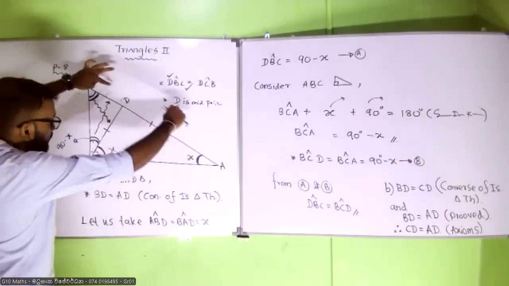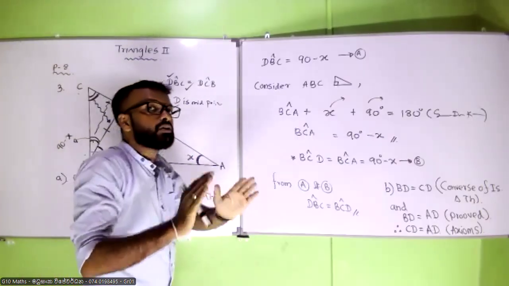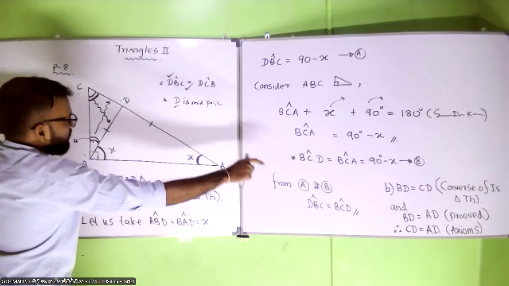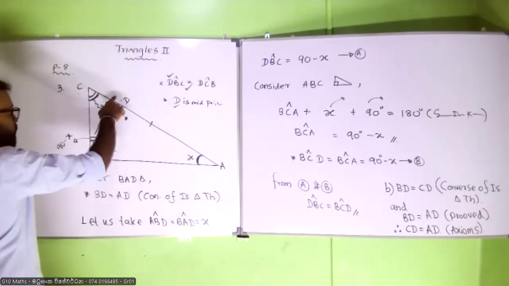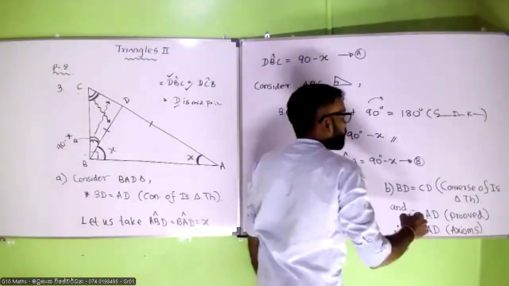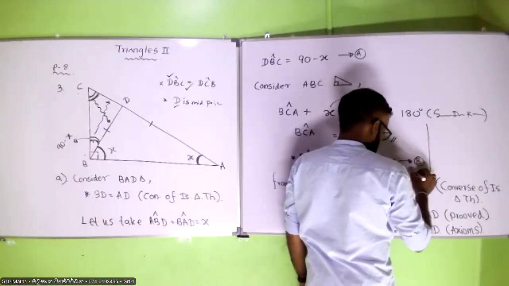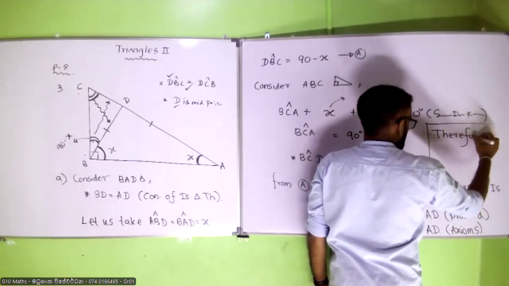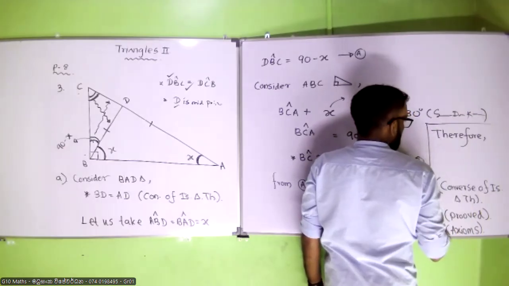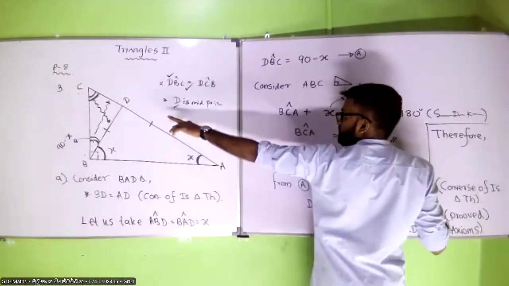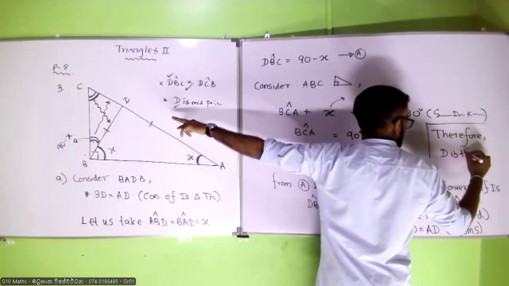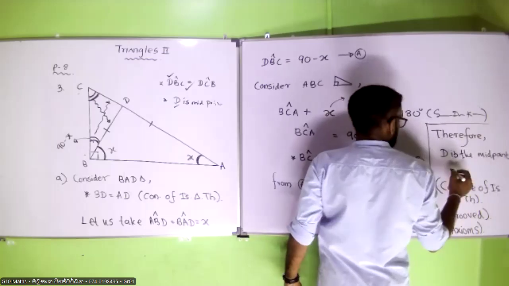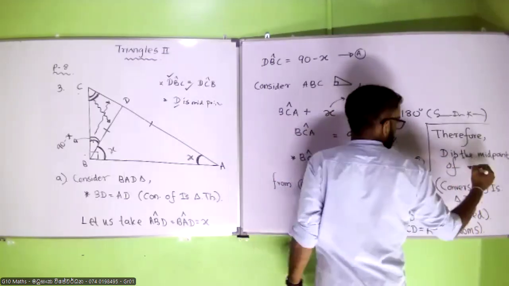So I have shown that CD equals AD. Now I have to conclude my answer. Therefore, D is the midpoint of AC.